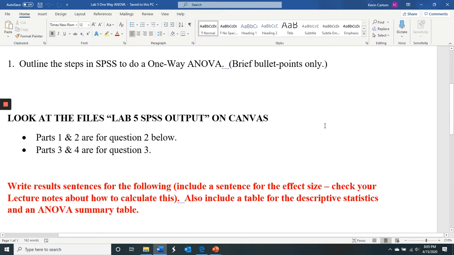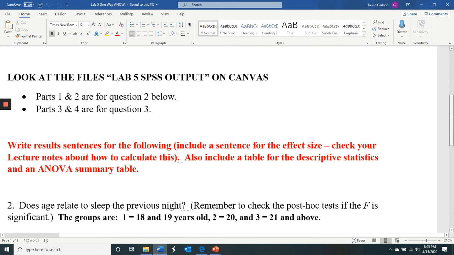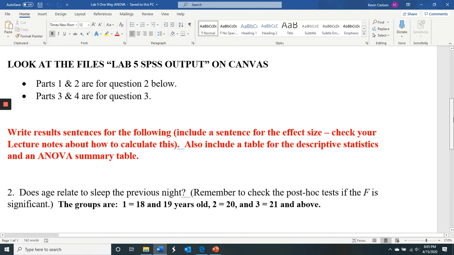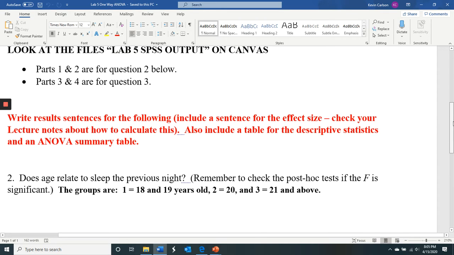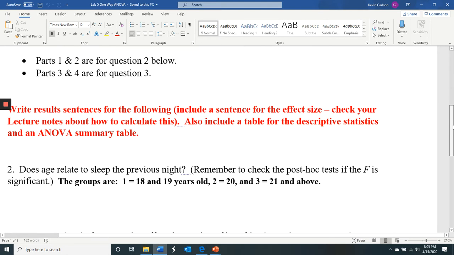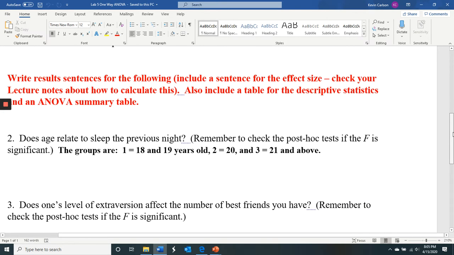Question 2. Before that, it says look at the outputs. You need to look at the outputs. Parts 1 and 2 are for question 2, and 3 and 4 are for question 3. When you watch the video for the labs, it also explains that. So we have to write up the result sentences.